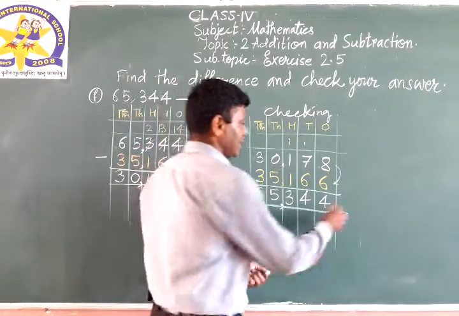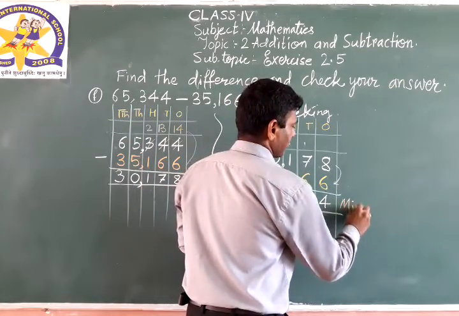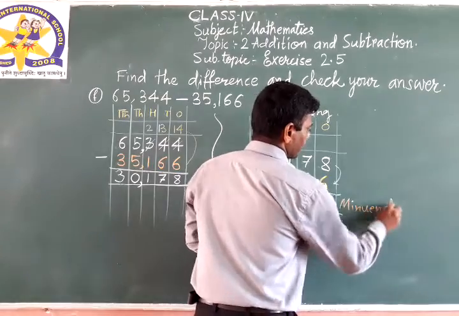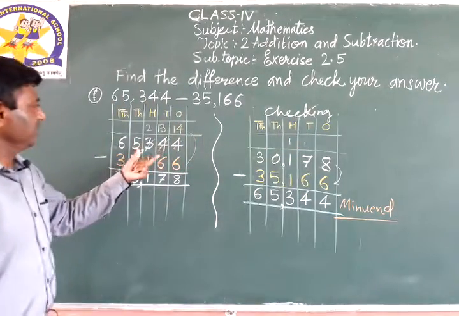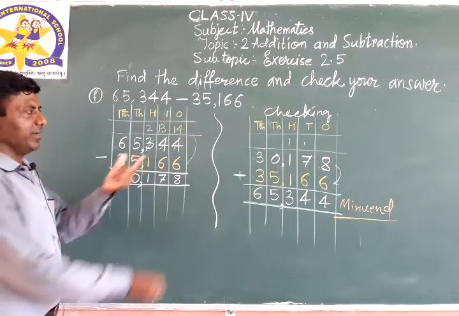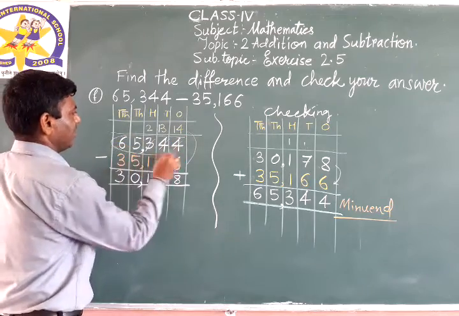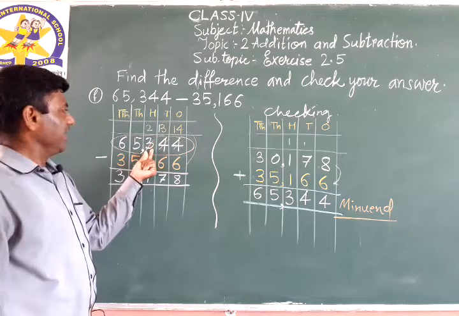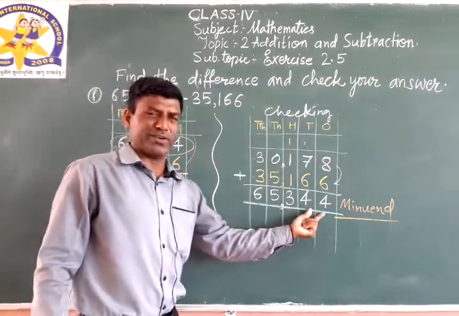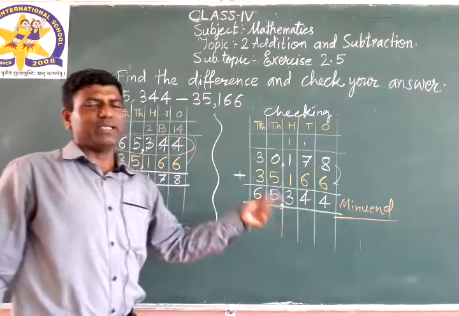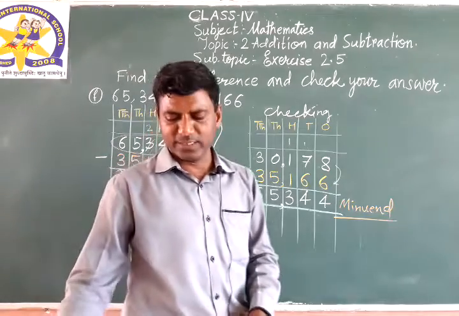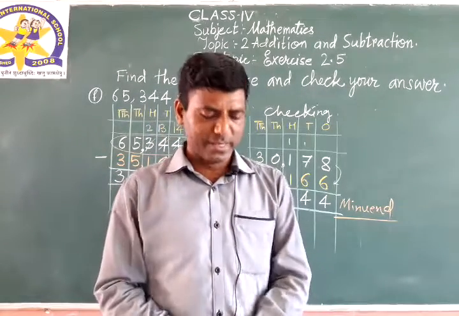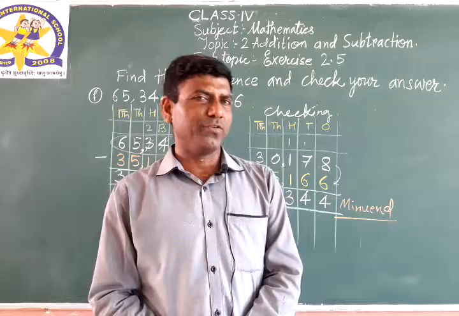This is our minuend. Check. This is the minuend, 344 same, which means our answer is right. In this way you can solve exercise 2.5.